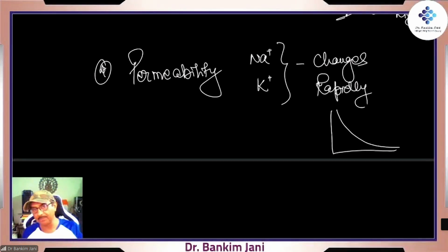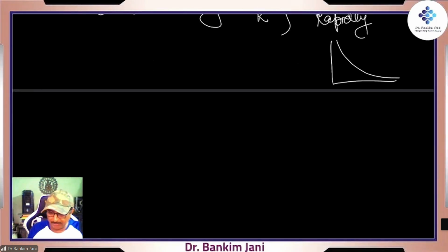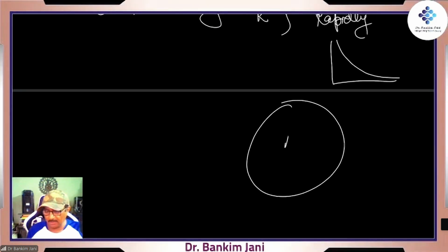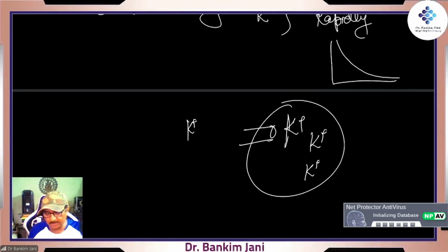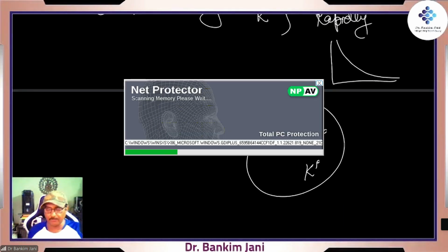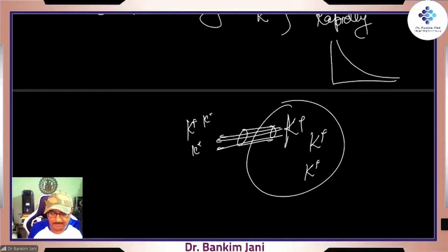Remember that logarithmic curve? For those who did not attend last time, I'll explain it briefly. Here is the cell. Inside there is a lot of potassium, and outside just a little. Now there is a channel, which is only for potassium. So potassium started moving outside. As they go outside, the potassium outside keeps rising.